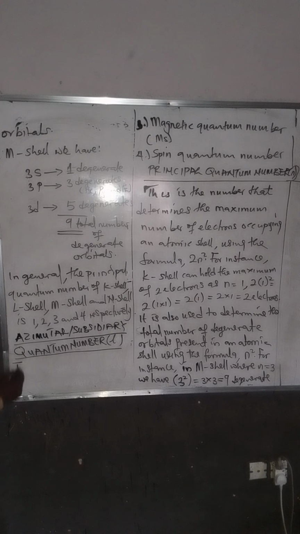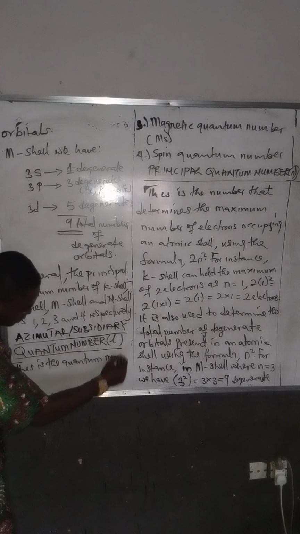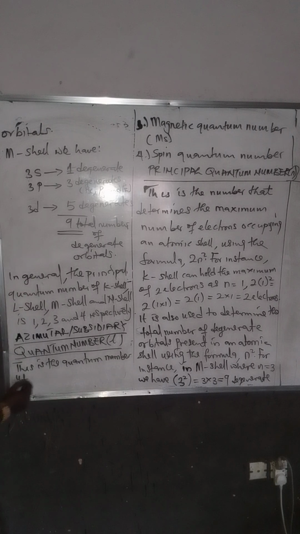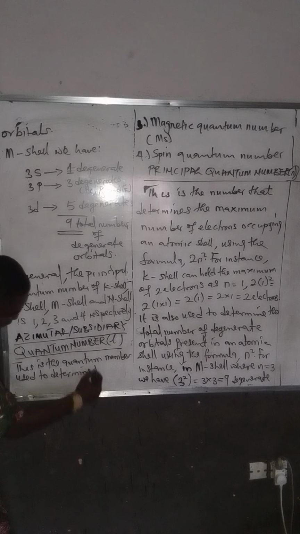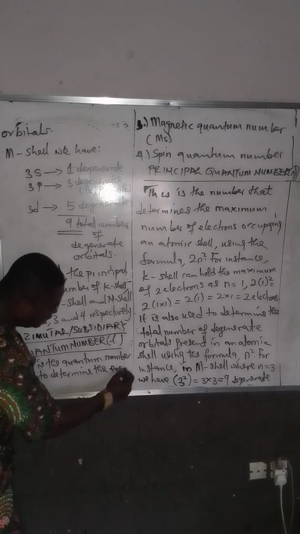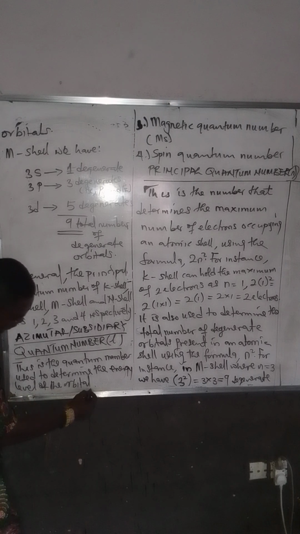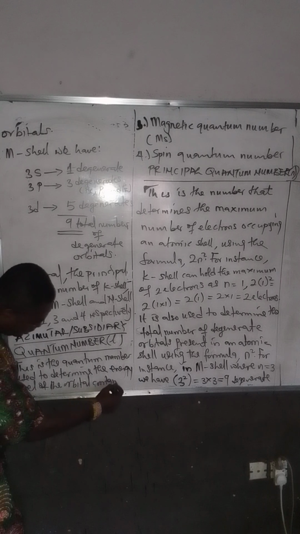This is the quantum number used to determine the energy level of the orbital containing the electron.